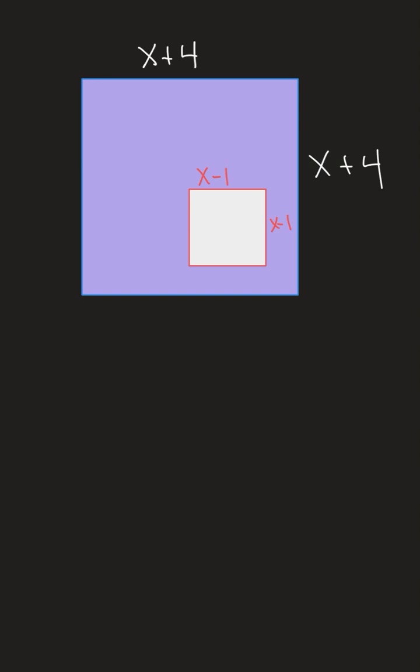So if I put the potato here, I want to know, what is the area of the purple shaded region? So it's squared, right? So I can do my x plus 4 squared. And then I need to take away that box. So I'm going to subtract x minus 1 squared.